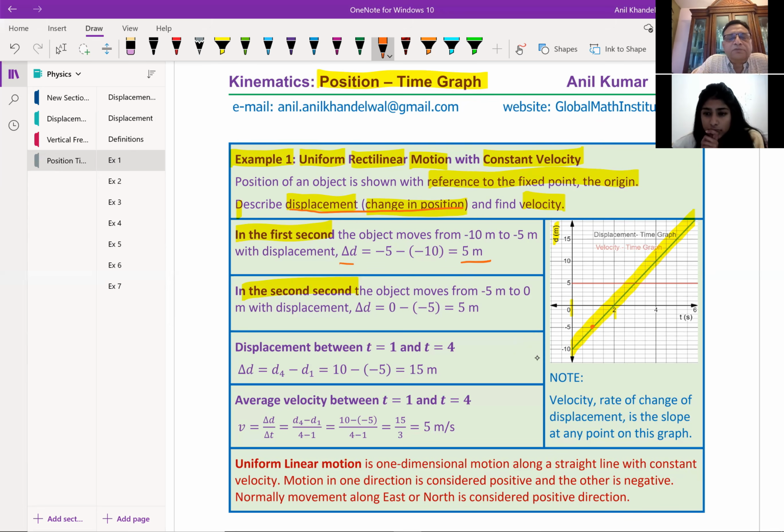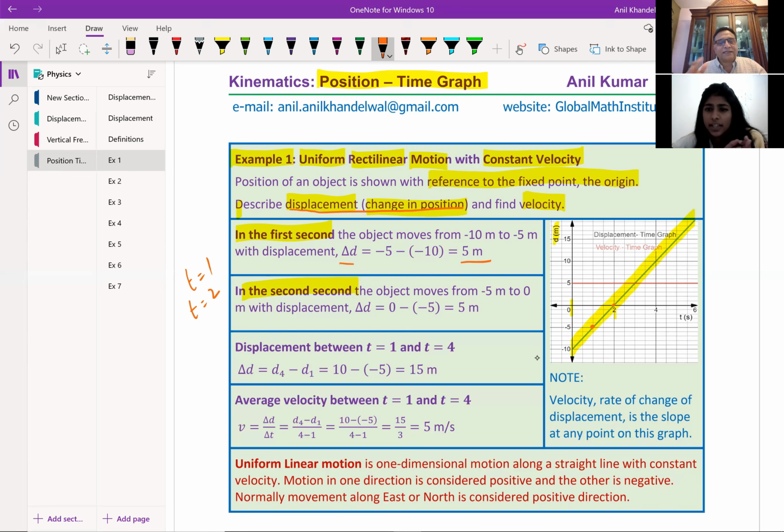Now here is the other term, which is in the second. You understand now? When we say in the second, we are interested in time from t equals to 1 to t equals to 2. That is the second. Sometimes this term is very confusing. So it is from t equals to 1 to t equals to 2. Is it okay?